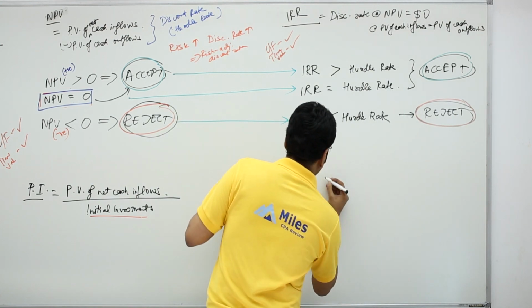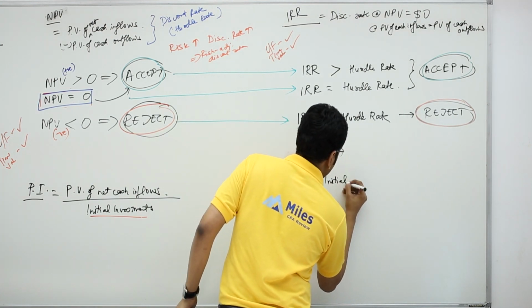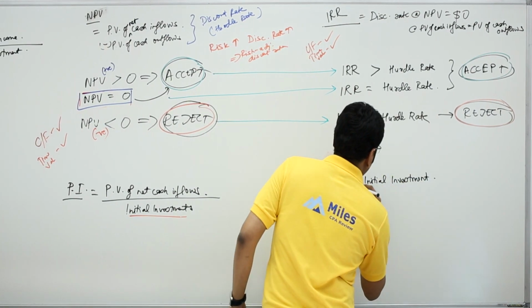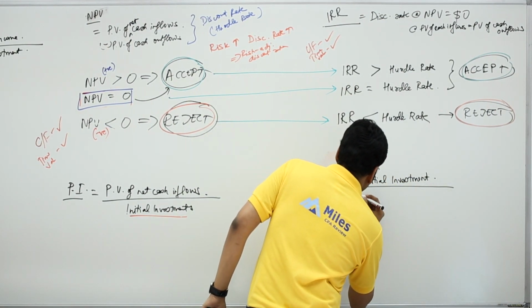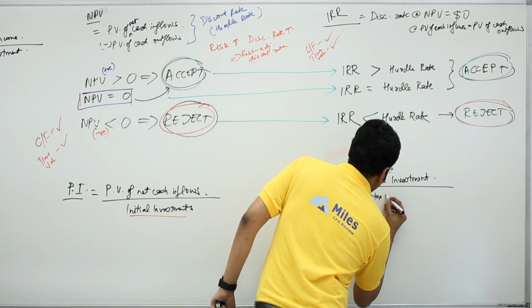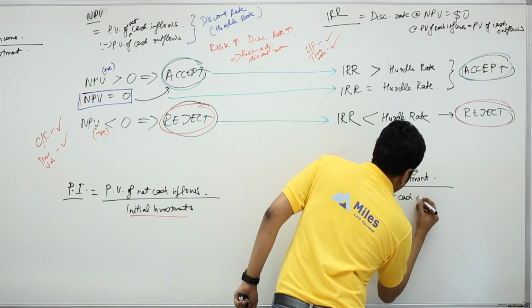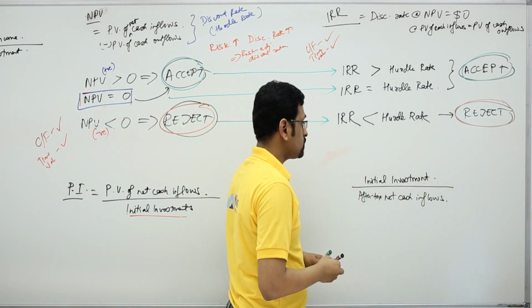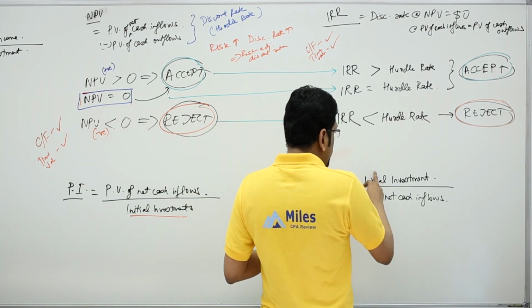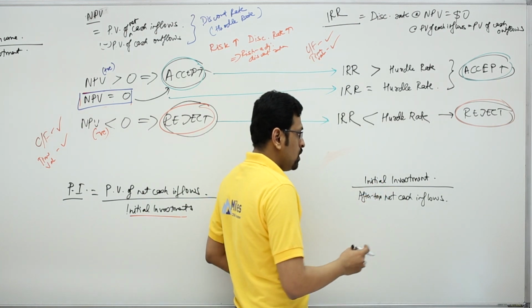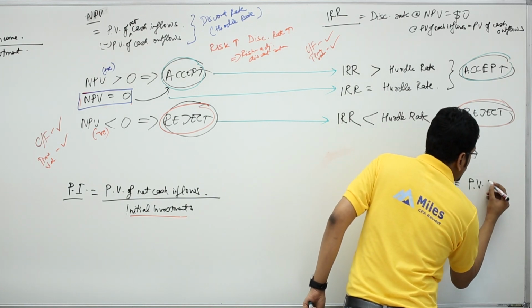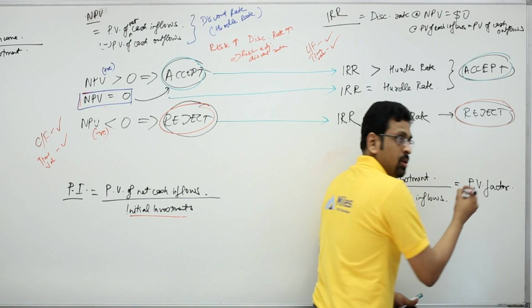We said it's initial investment, and we're going to divide it by after tax net cash inflows. We'll look at each year. Now in payback period, this gave us number of years. Now in case of IRR, this would give us the present value factor.